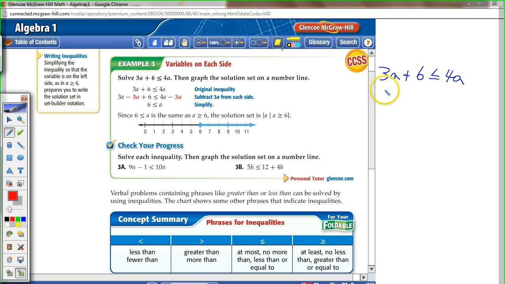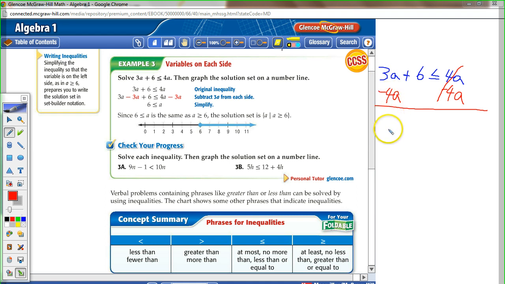You can either subtract 3a on each side, or subtract 4a on each side. It doesn't matter. Here I'm going to do it the way they did it in the textbook, so I'm going to subtract 4a on each side. Either way, you'll get the same answer.